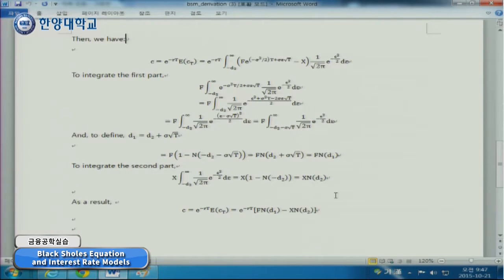But this is basically the same as the option price, because at maturity, the futures price and the underlying asset price are exactly the same, right? This formulation of the Black-Scholes formula is actually the Black formula.